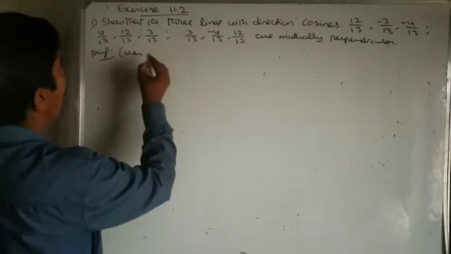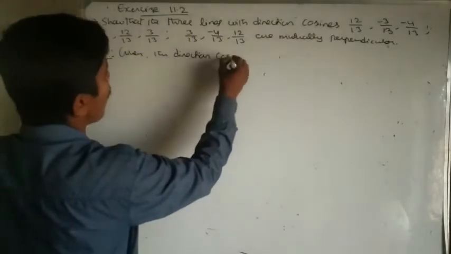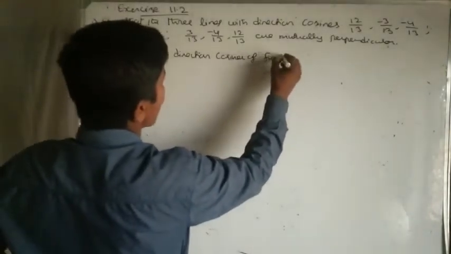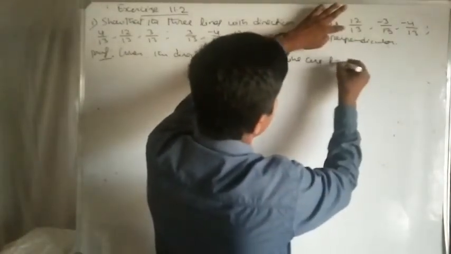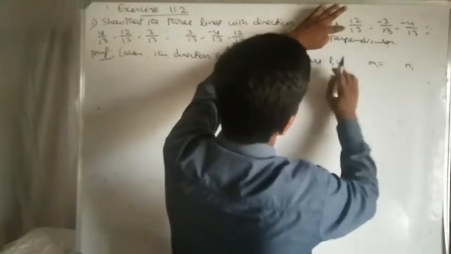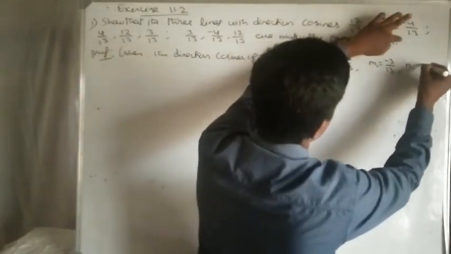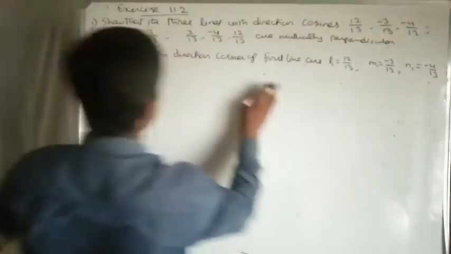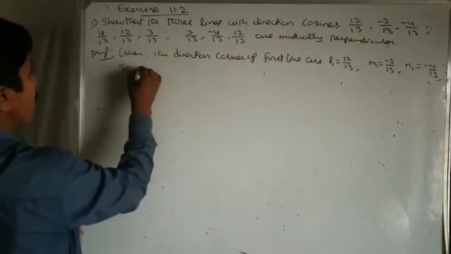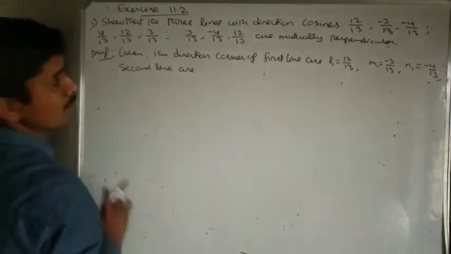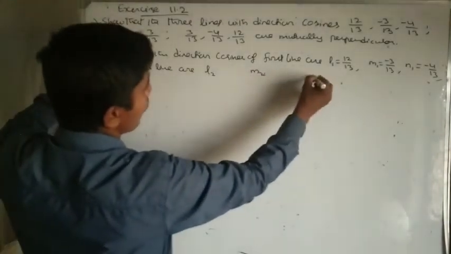So here given the direction cosines of first line, I am denoting L1, M1, N1. L1 equal to 12 by 13, M1 equal to minus 3 by 13, N1 equal to minus 4 by 13. Similarly, direction cosines of second line, I am denoting L2, M2, N2.